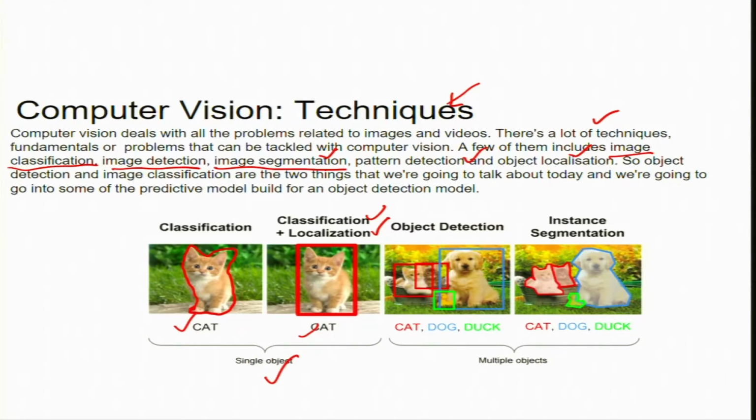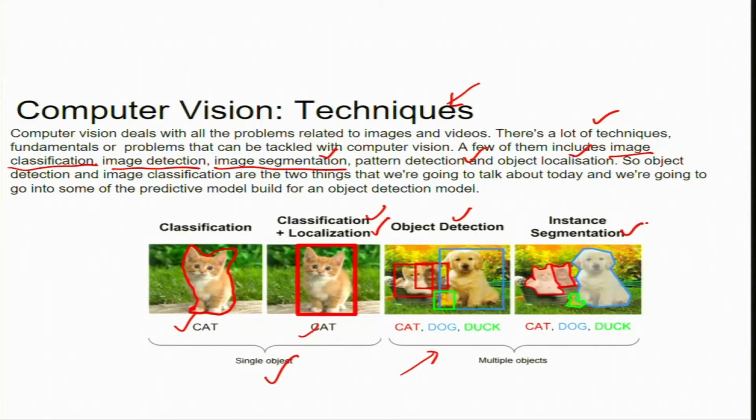So far so good, but what if your image has more than one object, say it has a cat, a dog and a duck also. There are different classes of objects of interest in your computer vision, and all the objects have to be identified, segmented, localized and classified. All these things together are called object detection. So if several objects are there, all the objects are to be identified, and this entire technique is called object detection.